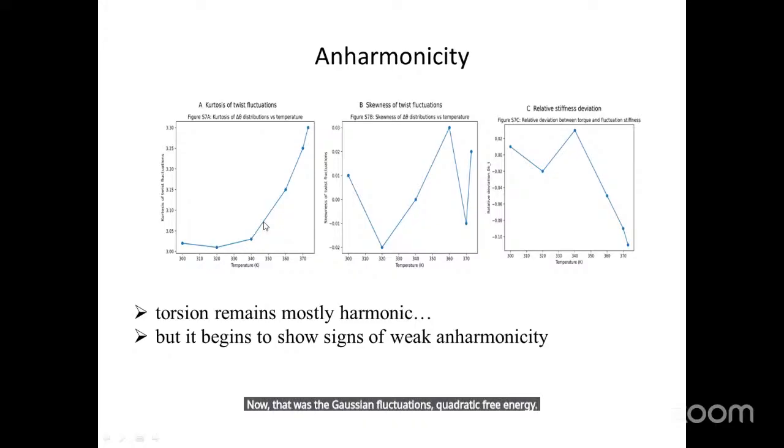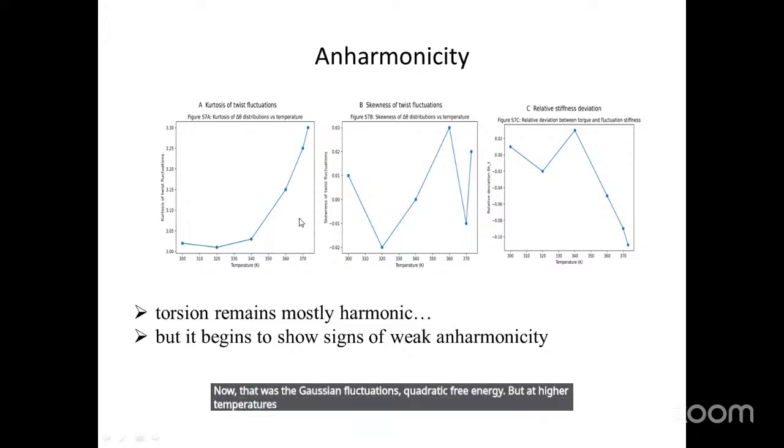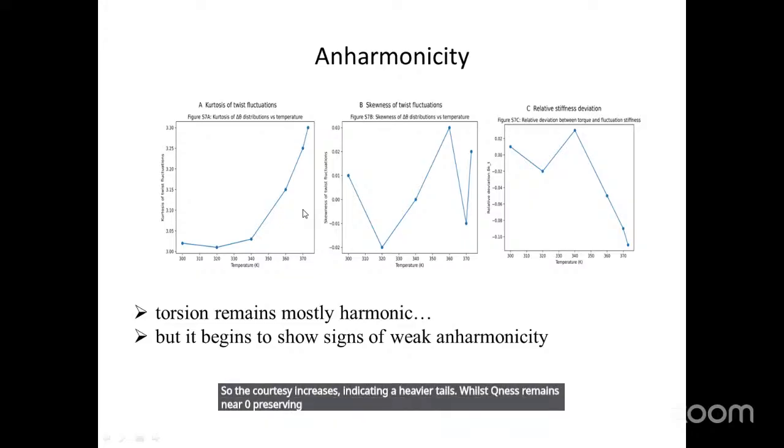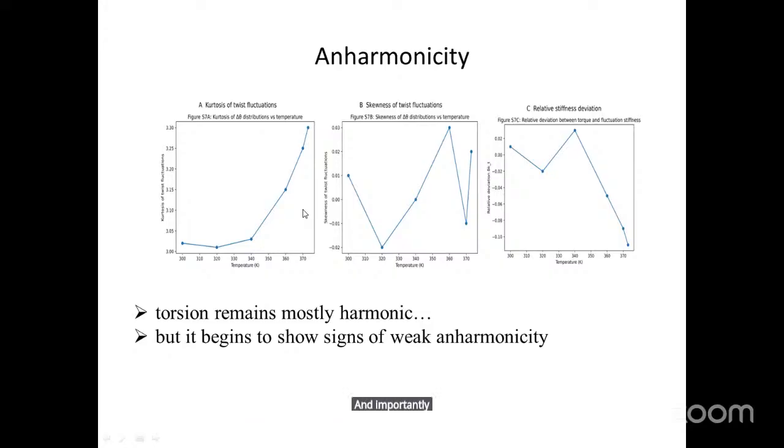But at higher temperatures, we begin to see deviations. So the kurtosis increases, indicating heavier tails, while skewness remains near zero, preserving symmetry. And importantly, the stiffness derived from fluctuations begins to diverge slightly from that obtained via the torque.